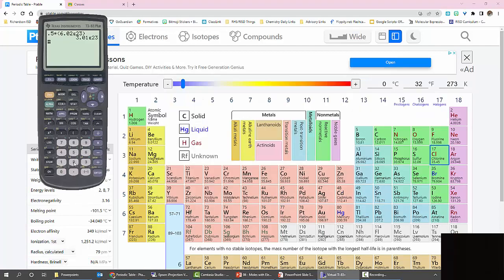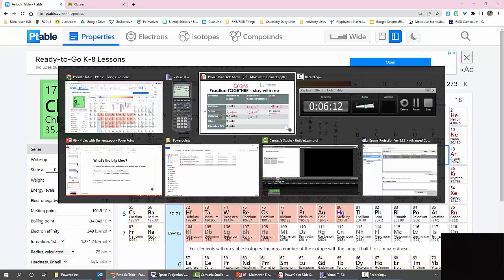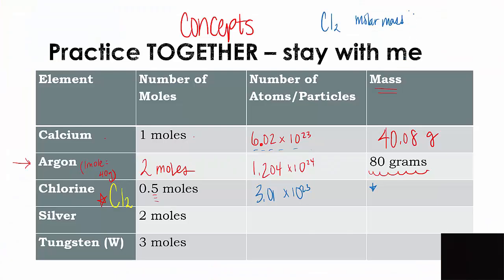So that's 35.45 times 2, so 70.9 is 1 mole. But we have half a mole, so half of a mole is going to be half of that. That's going to be 35.45 grams.